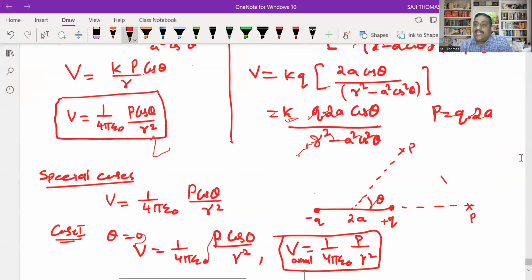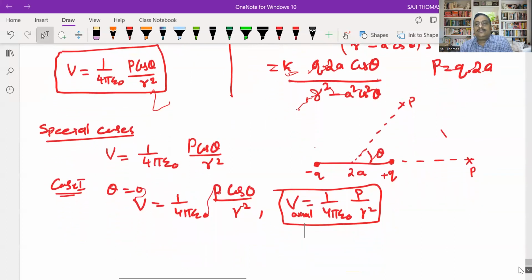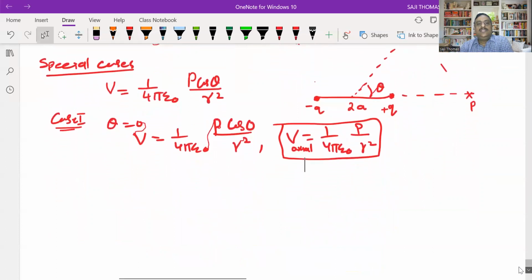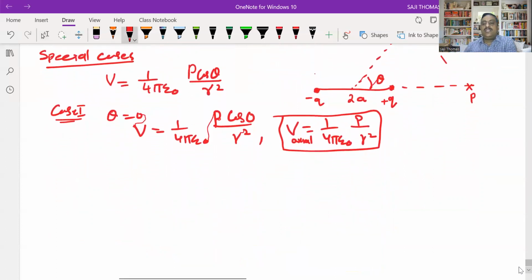Now, as a second case, what will be the potential on the equatorial line of the dipole? Electric potential at a point on the equatorial line of the dipole. So, case 2: at a point on the equatorial line.